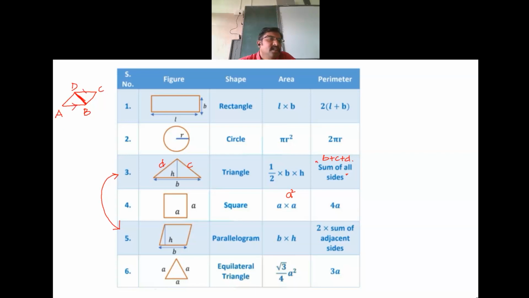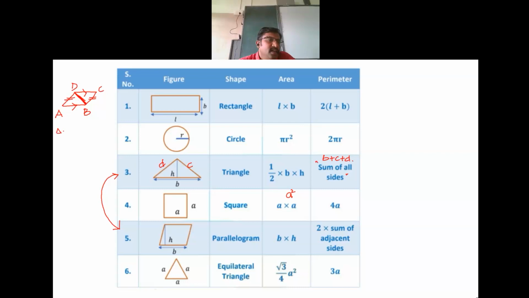These two sides will be equal and also they are parallel, isn't it? How about these two? They are also equal. This BD is a common side for both the triangles.